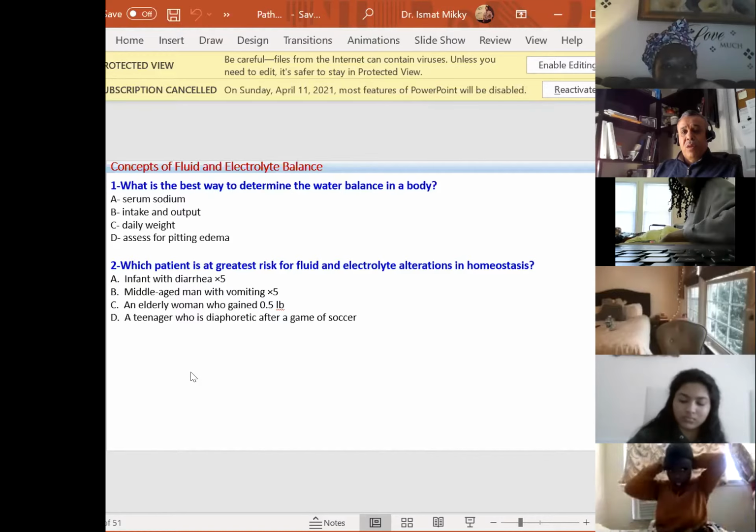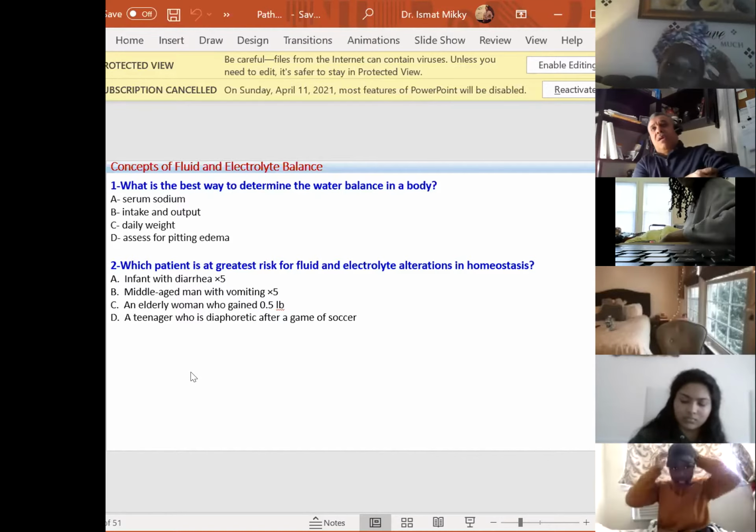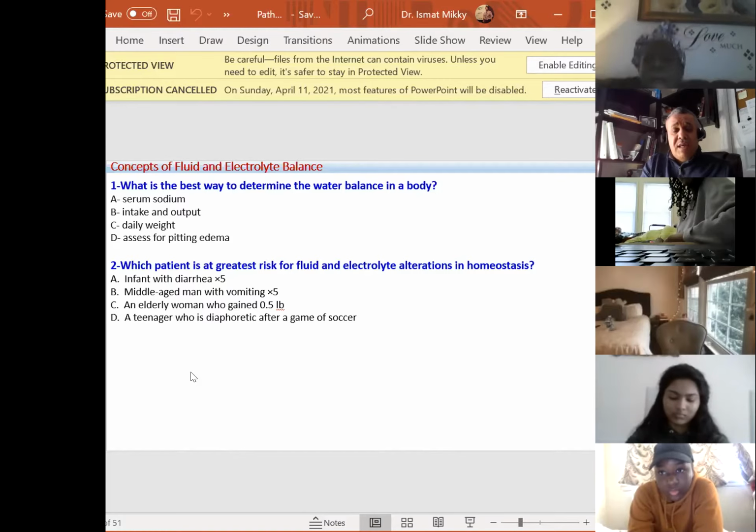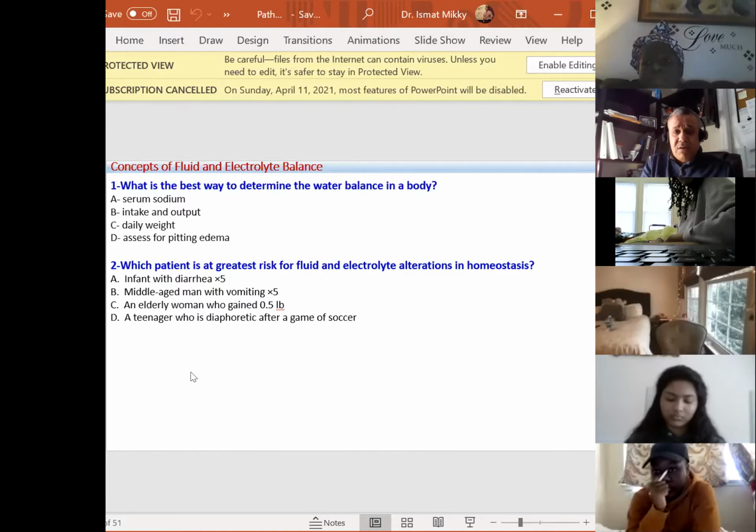I would think intake and output. Intake and output, yes. So this is the time we're trying to exercise critical thinking and clinical judgment as we answer these nursing, English-type questions. We are looking at the excellent indicators of fluid and electrolyte status.